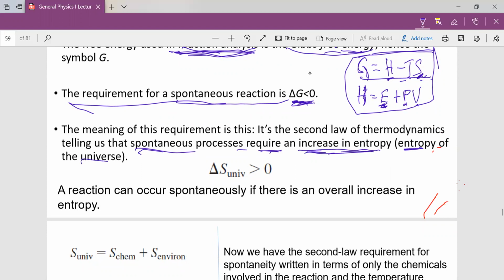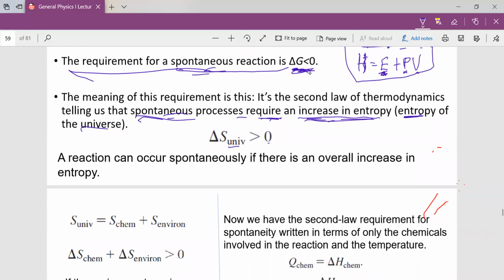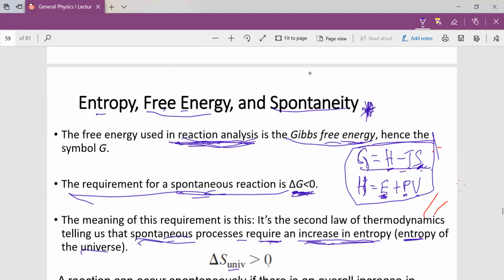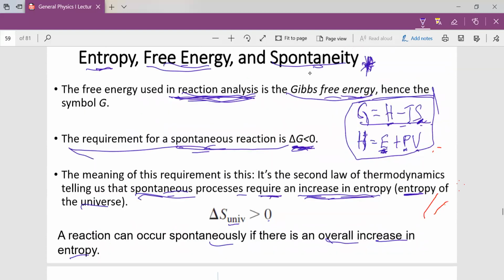So if we use change in S, that's the change in entropy of the universe, to be greater than 0 and give free energy less than 0, we can have the spontaneous reaction. So the reaction can occur spontaneously if there's an overall increase in entropy. So Gibbs energy happens as a result of this, that is spontaneity.